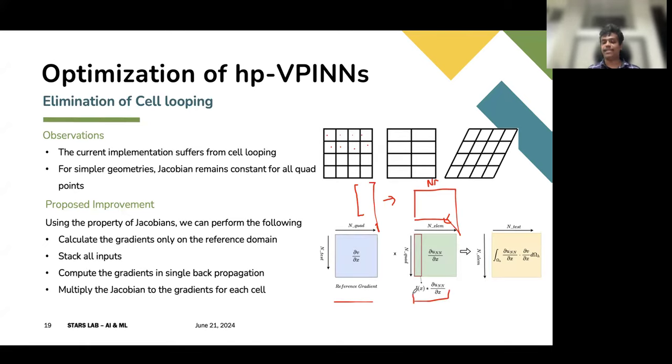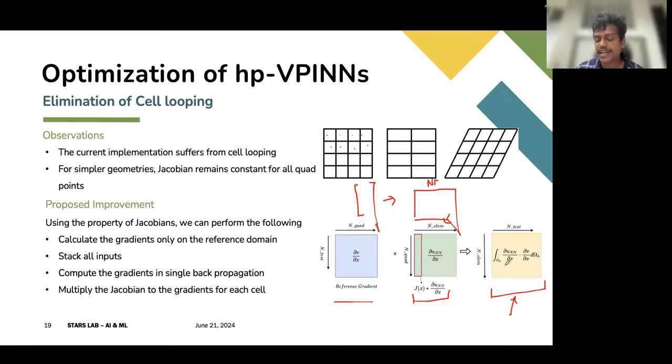So what is happening here is that we have tried to eliminate the cell looping by concatenating all the inputs, sending them through the neural network once, and computing the gradients of all the elements in a single go, which eliminates the need to do this calculation repeatedly n cell times. And here, using this, we should be able to compute at least one component of your loss in a single matrix multiplication.